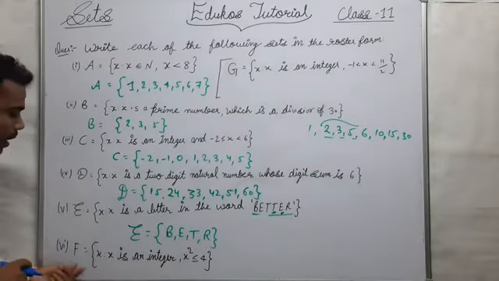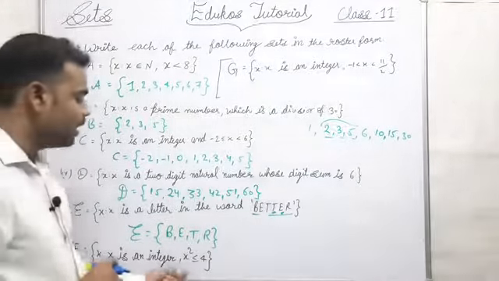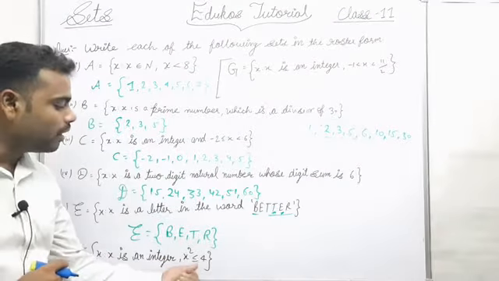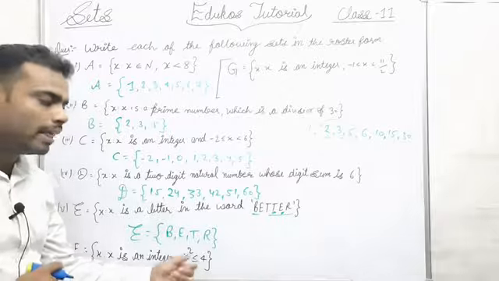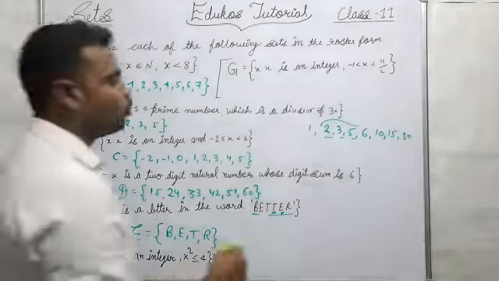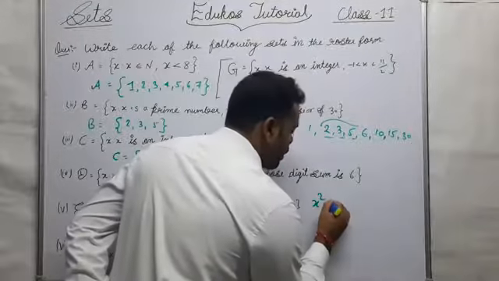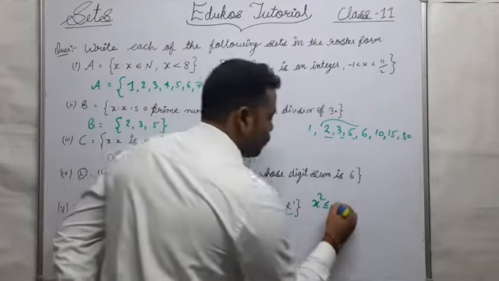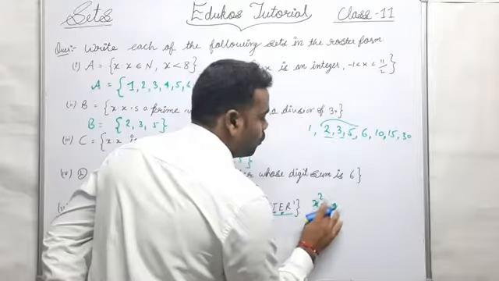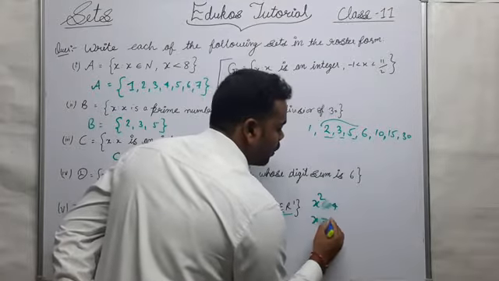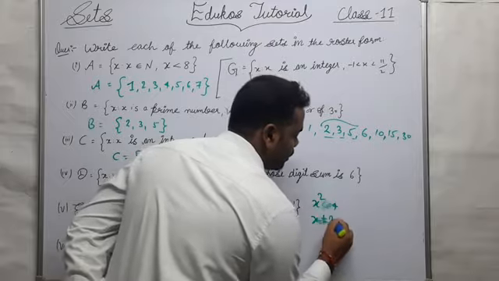Now F, x such that x is an integer whose square is equal to 4 or less than 4. As we know, x squared is less than or equal to 4. In this condition x has two values, plus minus 2.